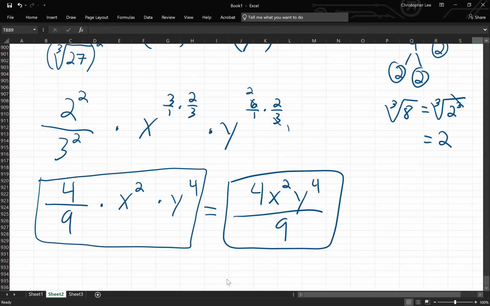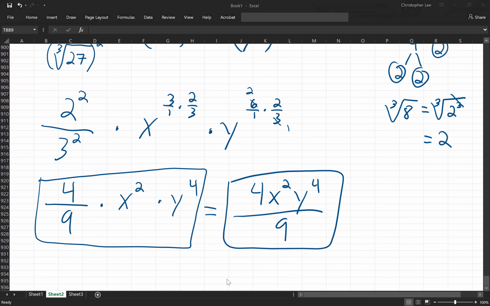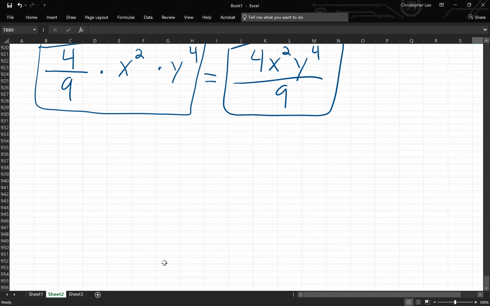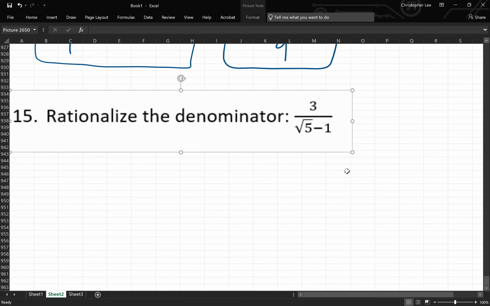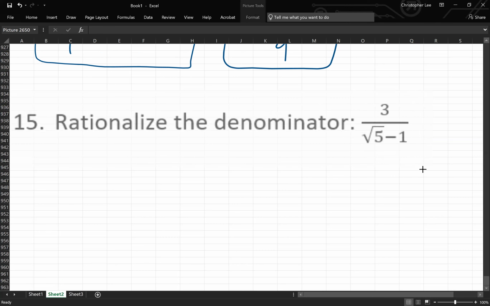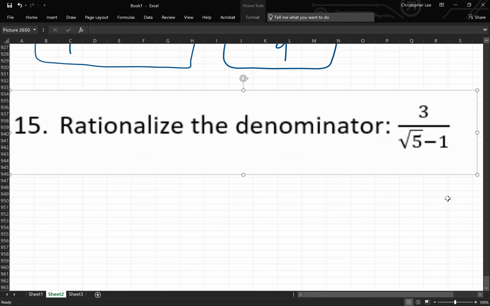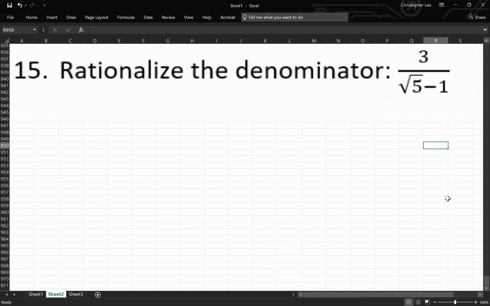Now that we finish all the hard questions, let's do the rest of the easy questions and then we're good. Well, this next one is mad simple. How I do this? I want to rationalize the denominator.